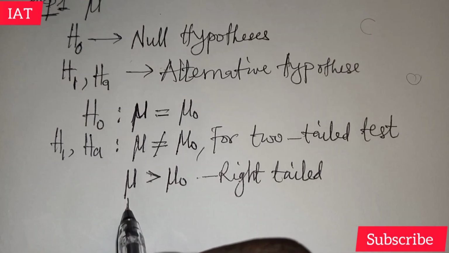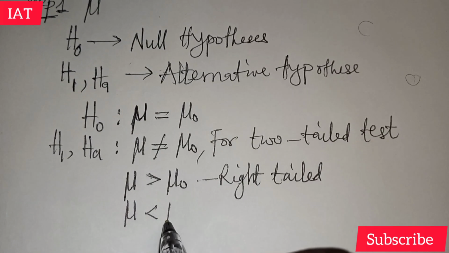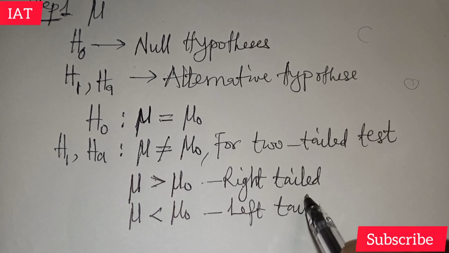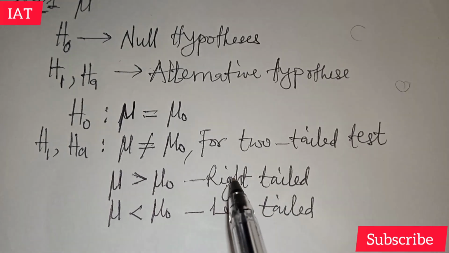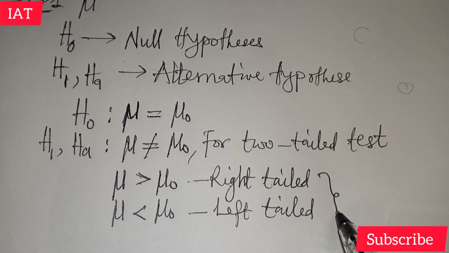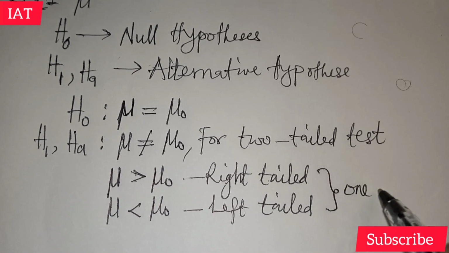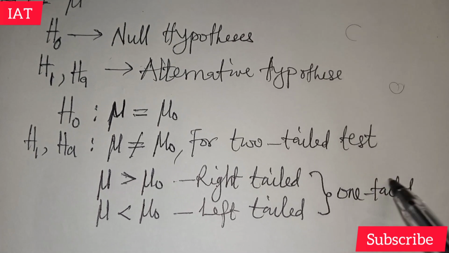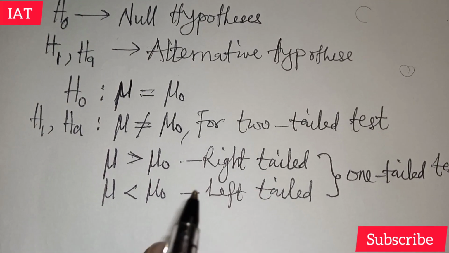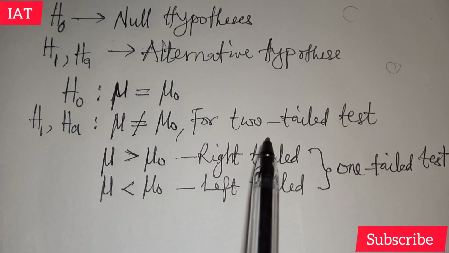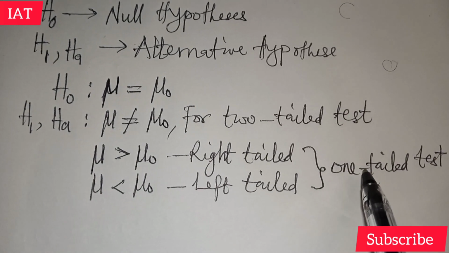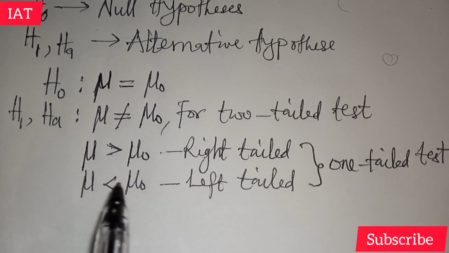We also have when this is less than this, and this is for left-tailed tests. And then whether it is right or left, both of them together is what we call one-tailed tests. So apparently we have the two-tailed tests when we judge this, and then we have the one-tailed test when we talk about either the left or the right.